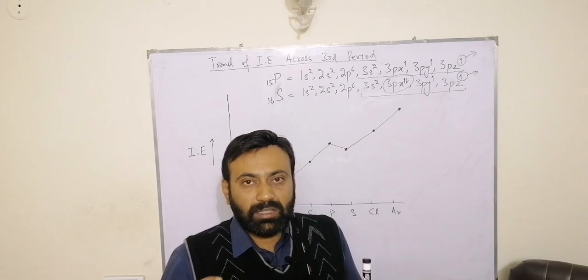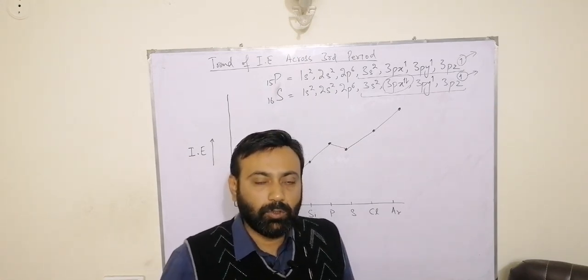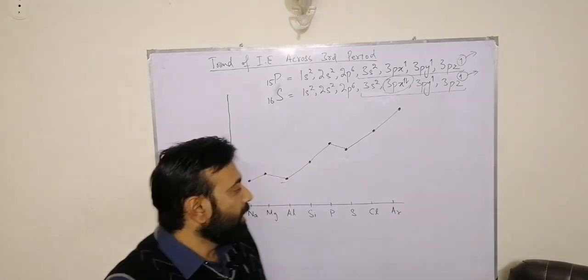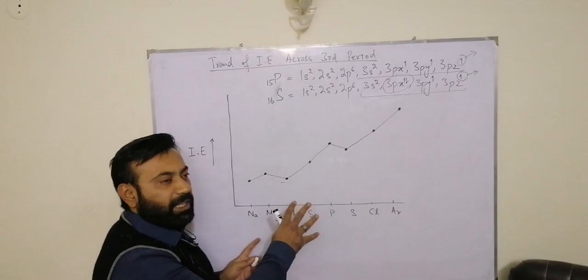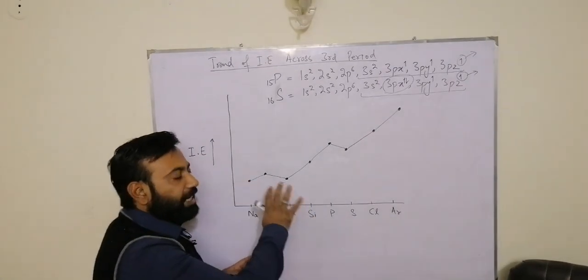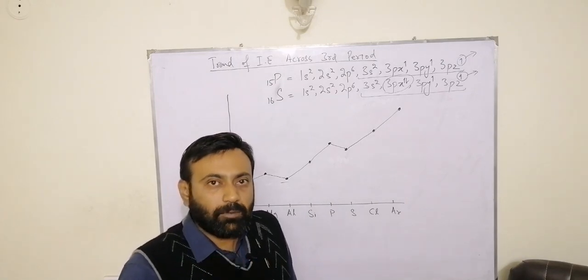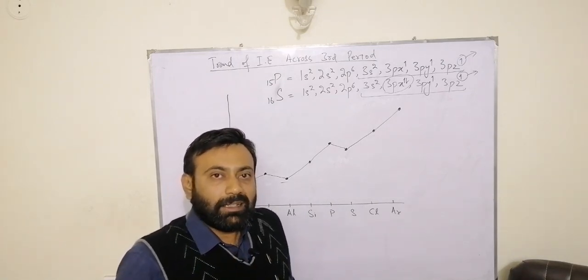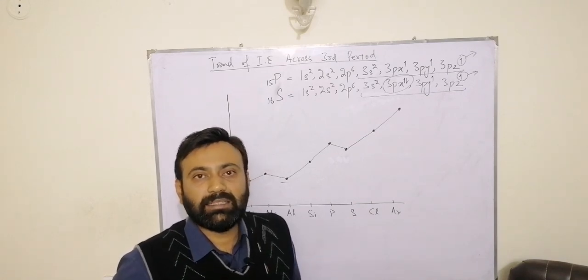Just try to understand the main concept behind this. Note the factors down in your notebooks. After that, draw the trend in your notebook and write the explanations for each change in ionization energy by yourself. That would help you to understand the concept too, and that would help you to answer the examination questions.